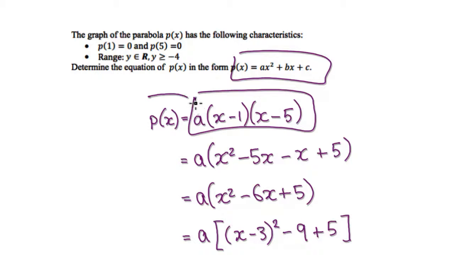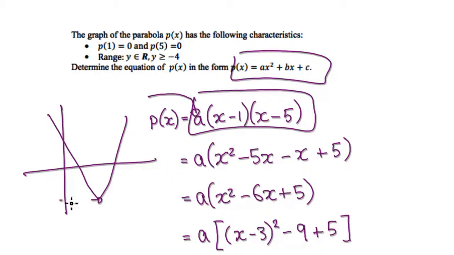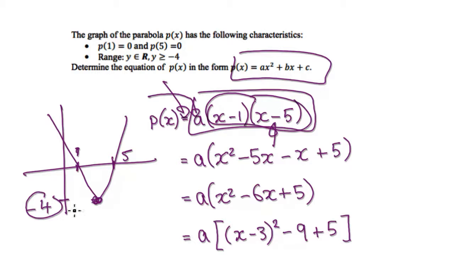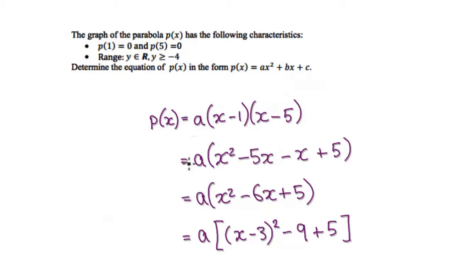Our next job is to find the value of a in such a way that the vertex will be at -4. We know this part is going to cross at 1, and this part is going to cross at 5. We just need to find a so that the vertex will be dead on -4.